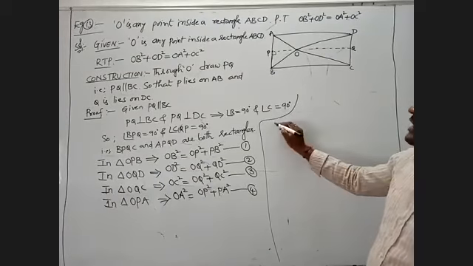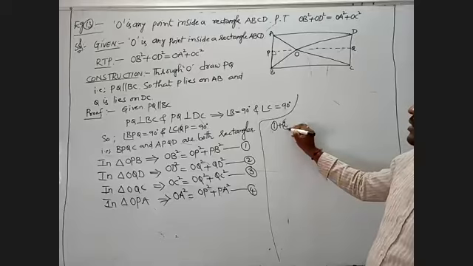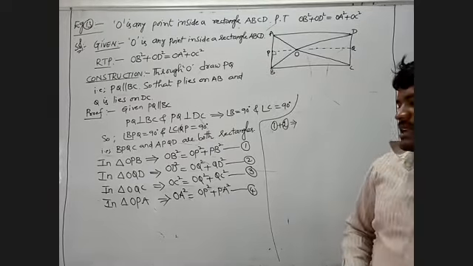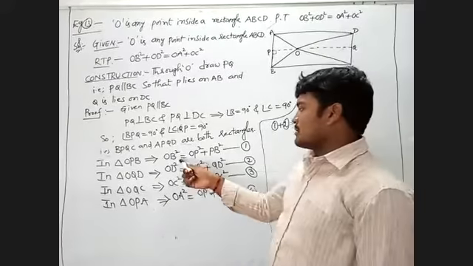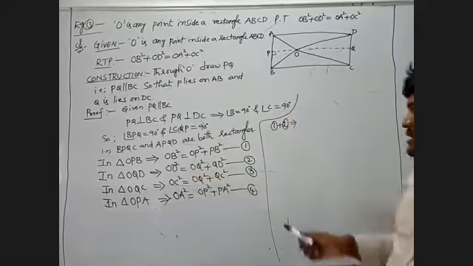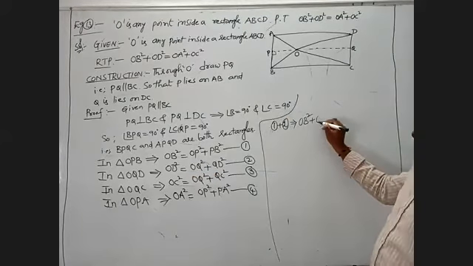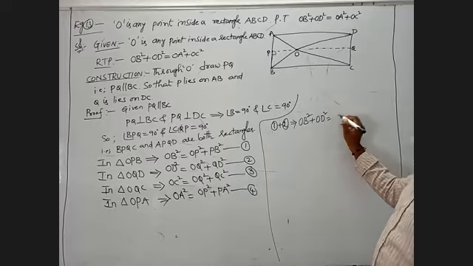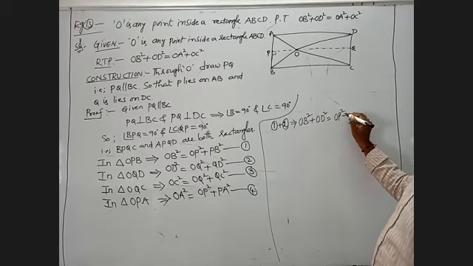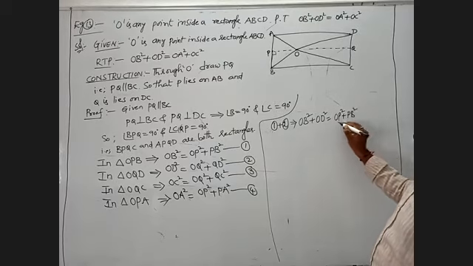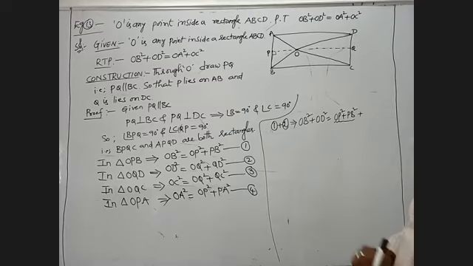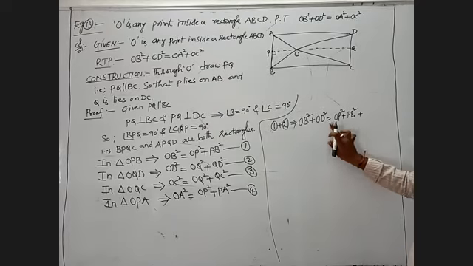1 plus 2, then that implies, where 1 will become this one, 2 will become this one. Adding both LHS, I will write OB square plus OD square is nothing but OP square plus PB square, as well as OP square plus PB square.